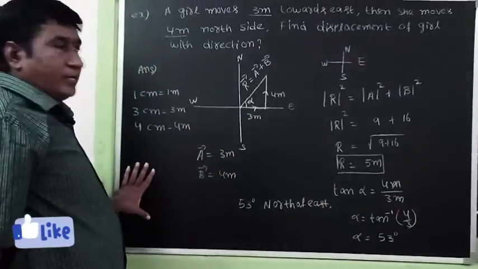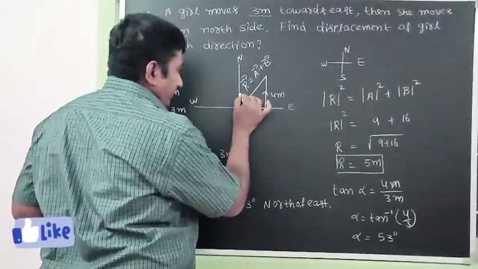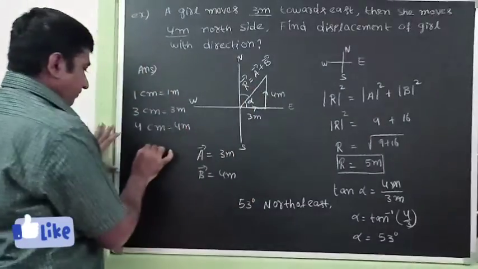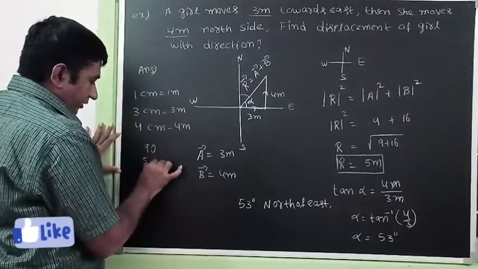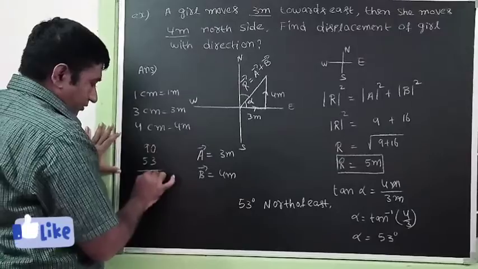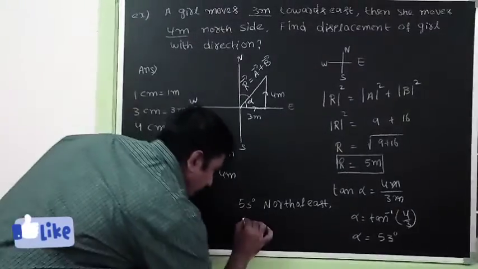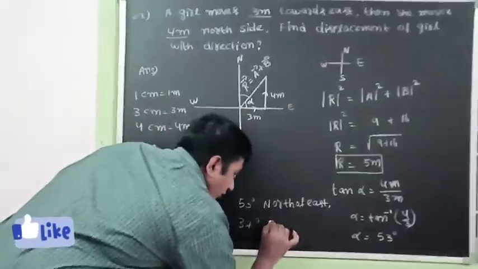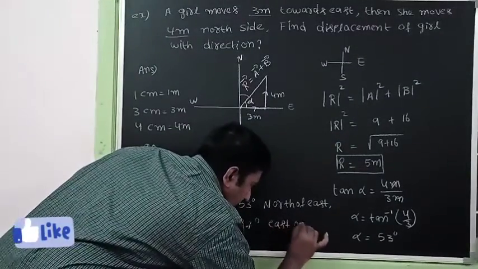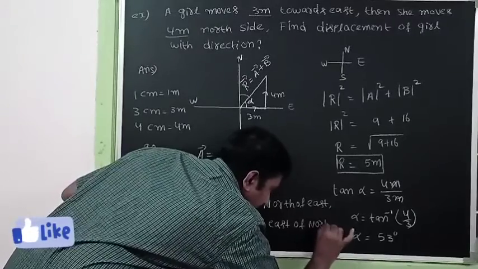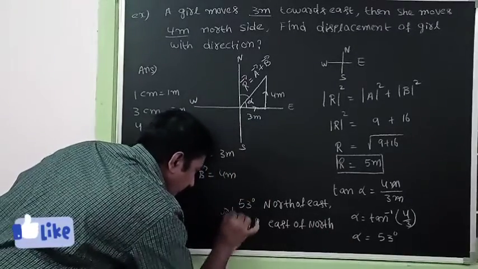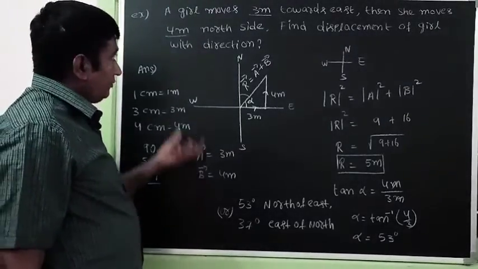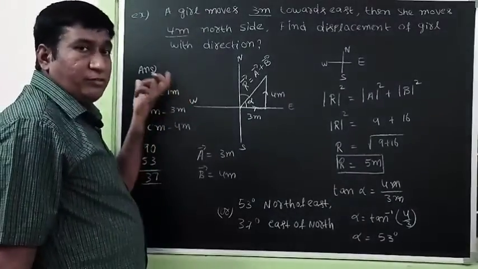Okay, sir, I have to take with respect to this. If this is 53 degrees, then what about this? 90 minus 53, which is 37 degrees. I can write that as 37 degrees east of north. In this way we can represent both magnitude and direction with the help of the triangle law of addition.